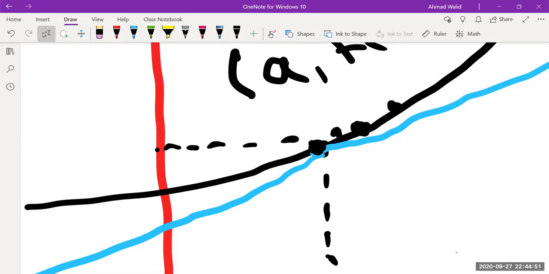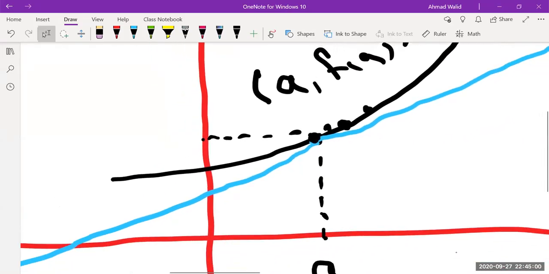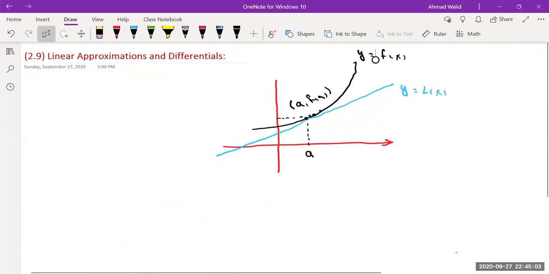If I could zoom more, you could see that your curve at the point A actually looks like a line, right? We call this process linearization, correct? Now, I gave you two formulas, one for linear approximation, how to find that point on a curve, and the other one, linearization, which is actually the tangent line, correct?